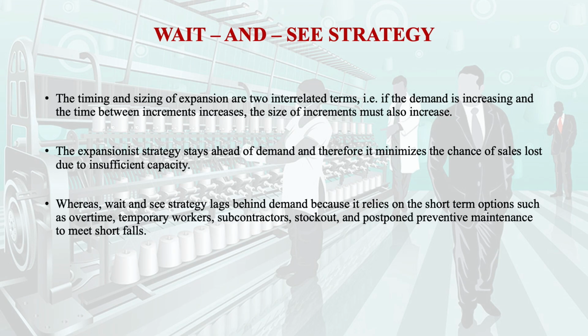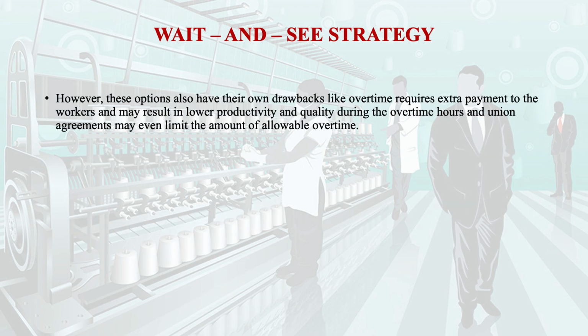These options also have their own drawbacks. Like if you have overtime, we require extra payment to the worker, and that may result in lower productivity and lower quality during the overtime. Even sometimes the union may create problems in the production.